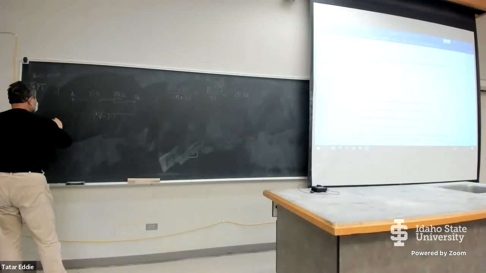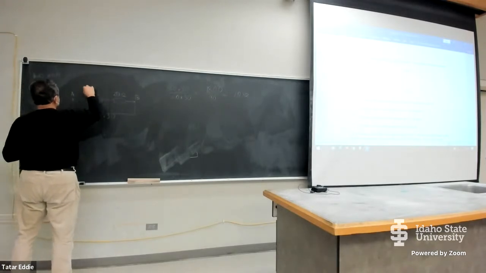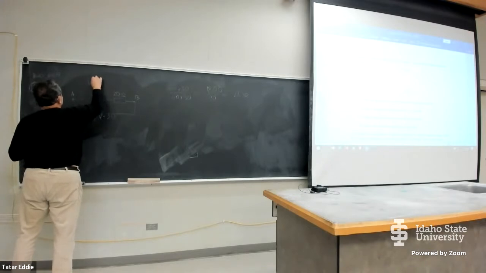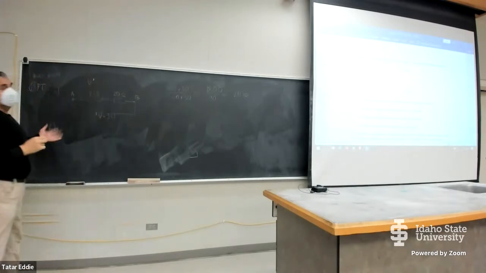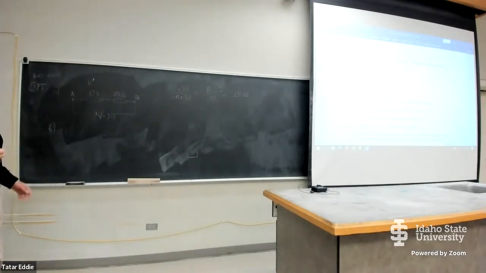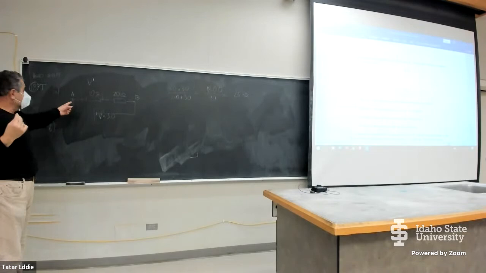For part B, they want the potential difference V prime between those 2 points, and you use Ohm's law. So you have to find the current in this circuit.